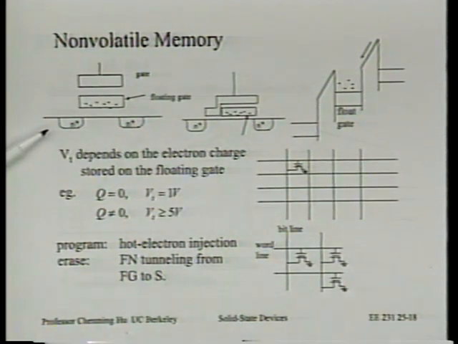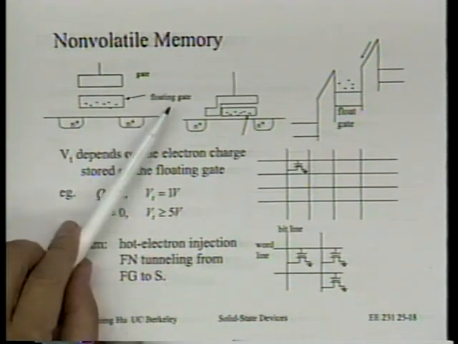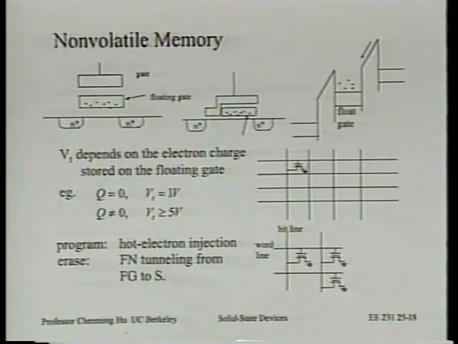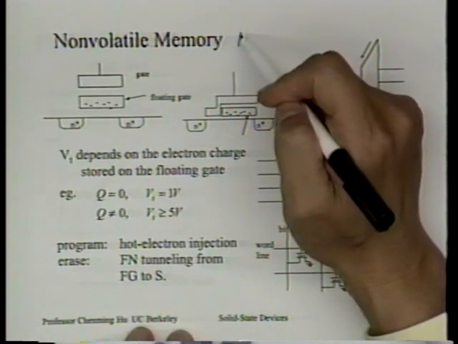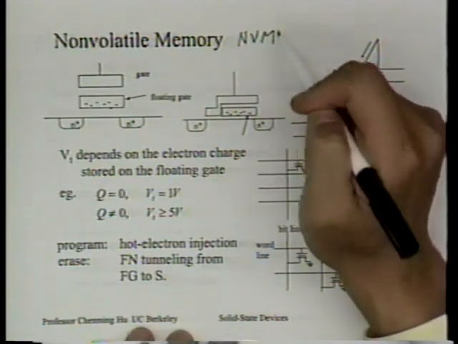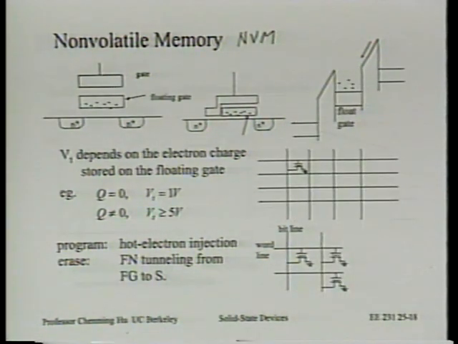The diagram on the left-hand side is a cross-section of the most common type of non-volatile memory, sometimes called a floating gate memory, floating gate non-volatile memory. Right? Sometimes you see the acronym NVM, that stands for non-volatile memory. Just like DRAM is DRAM, this is NVM.